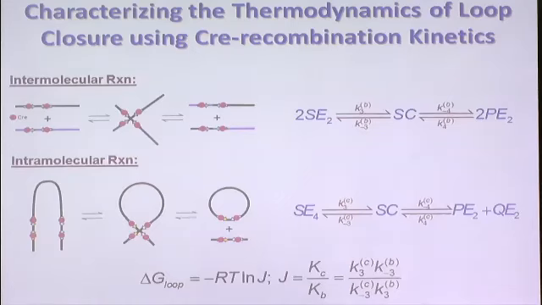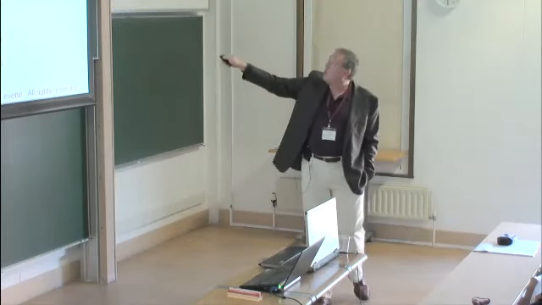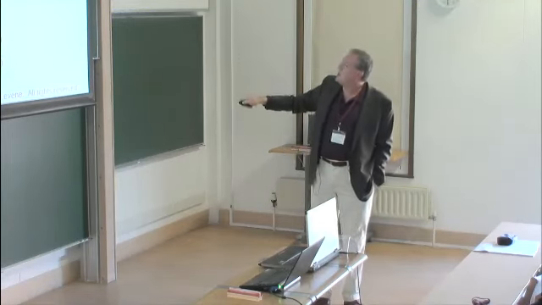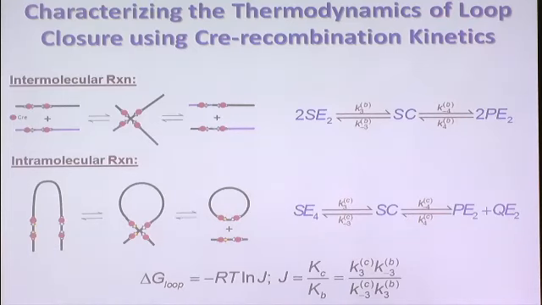So here the product is simply a swapping of a purple end for a black end, but here you actually get two topologically distinct products, a DNA circle and a linear molecule. And there are actually 8 rate constants in principle associated with the two reactions. So you have 2 rate constants for this step, 2 rate constants for that step, 2 for this one, 2 for this one. And we should be able to get J then as this quotient of rate constants.